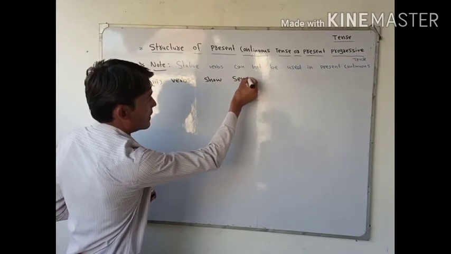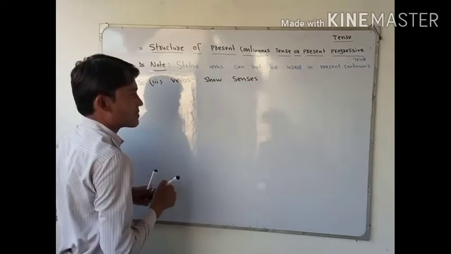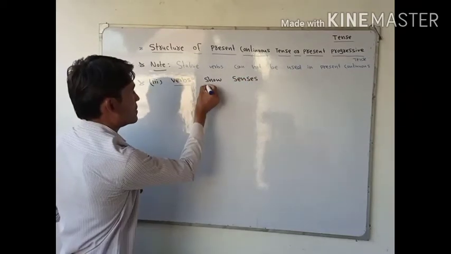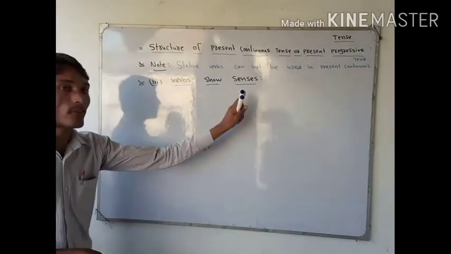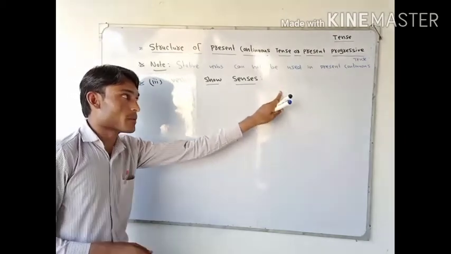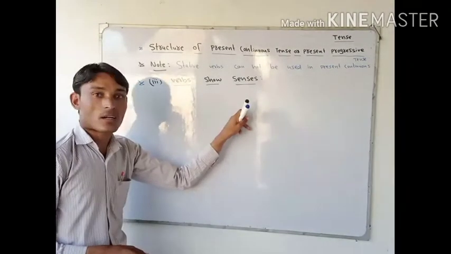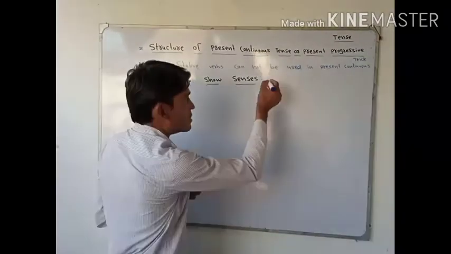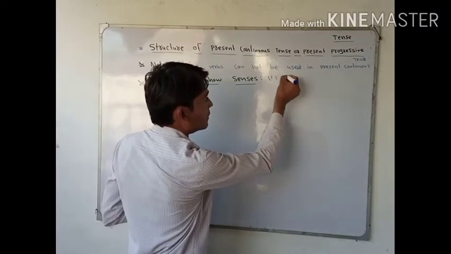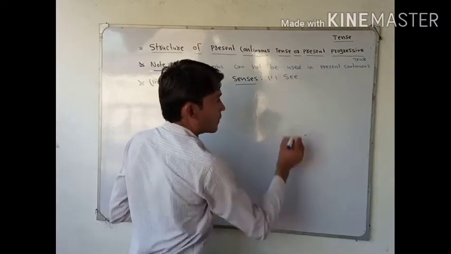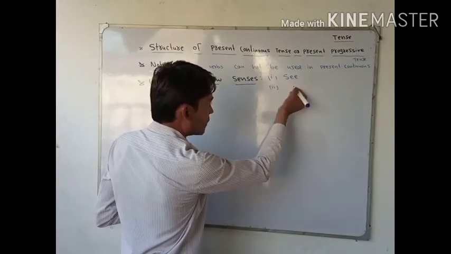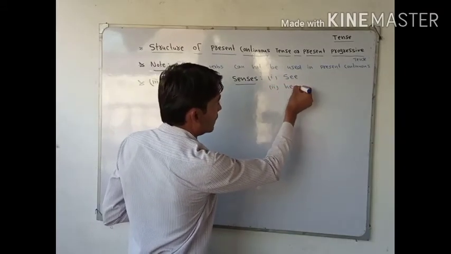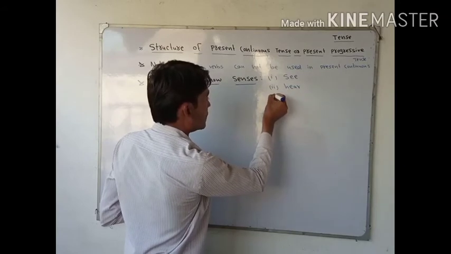Senses, S-E-N-S-E-S. Senses simply means feeling, smell, touch, etc. As we know, we have 5 senses, and the verbs belonging to those senses are called stative verbs. First of all, we have see. The second verb is hear. The third one is touch.